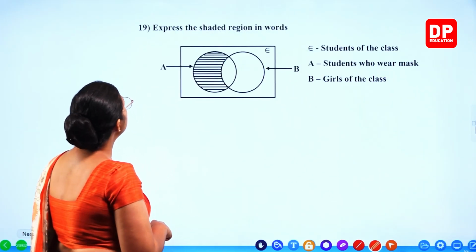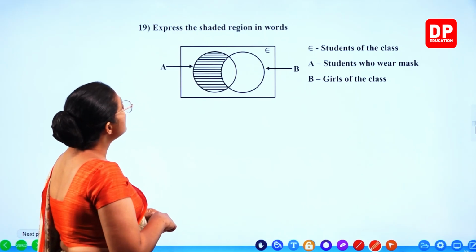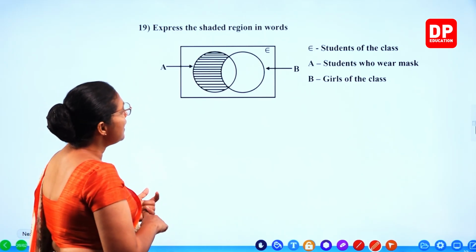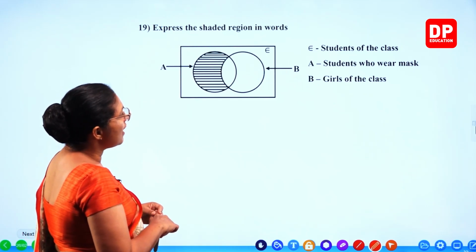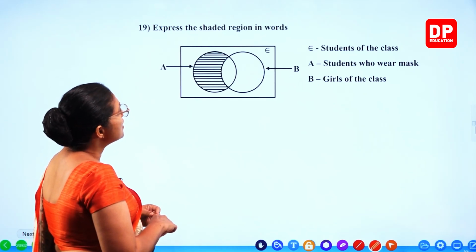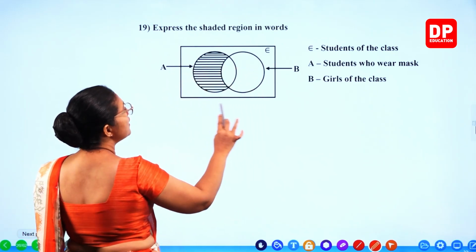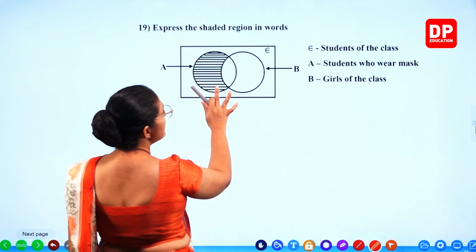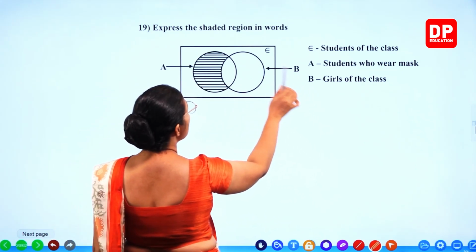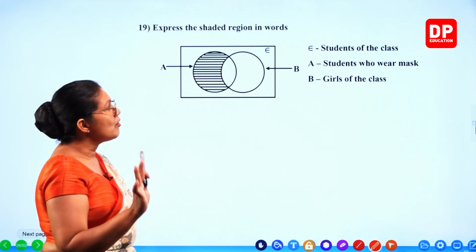Question number 19. Express the shaded region in words. What is A? Students who wear masks. B is girls of the class. Students of the class is the whole thing. So wearing mask as well as outside the circle B means not girls.